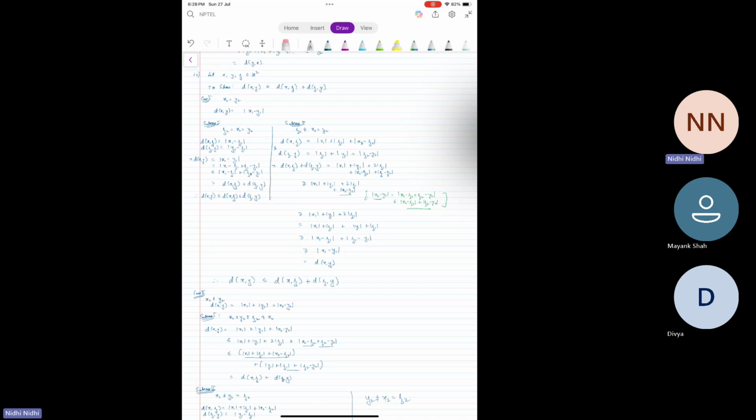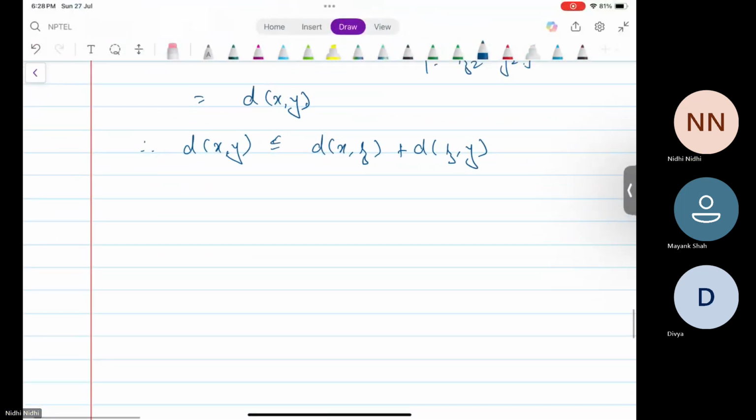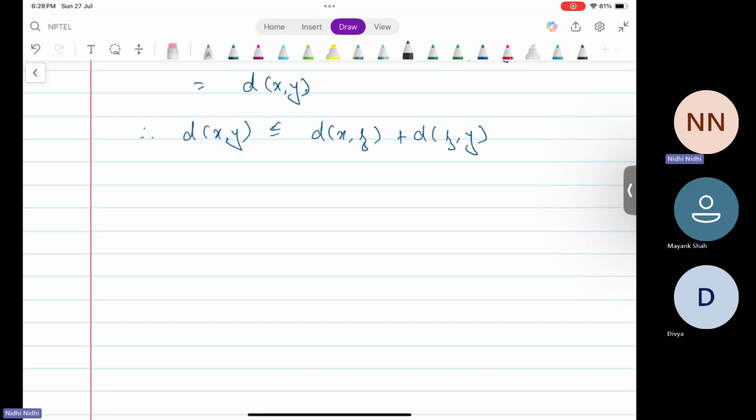Okay. If it's clear, then we can move ahead. Yeah, next one is easier. I would like you to think about it. So we have question 2. Let X be the set of real numbers.